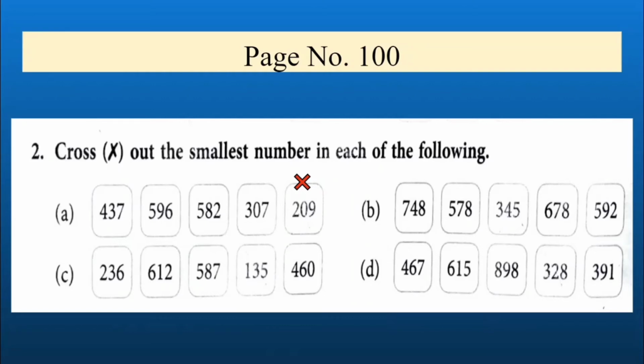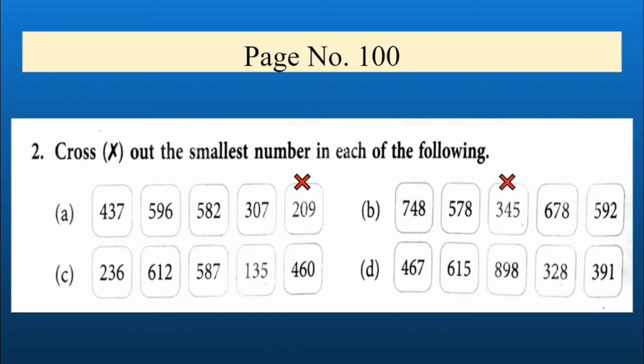Now look at the B part. Here the numbers are 748, 578, 345, 678 and 592. Now we have to cross out the smallest number among these numbers. Now which among the following is the smallest number?